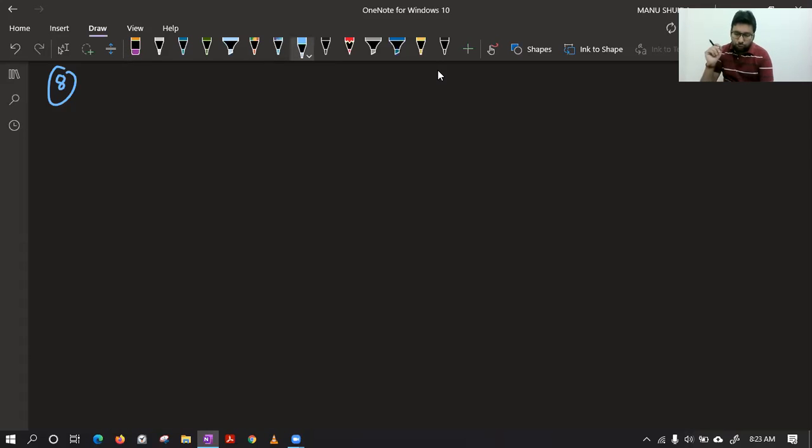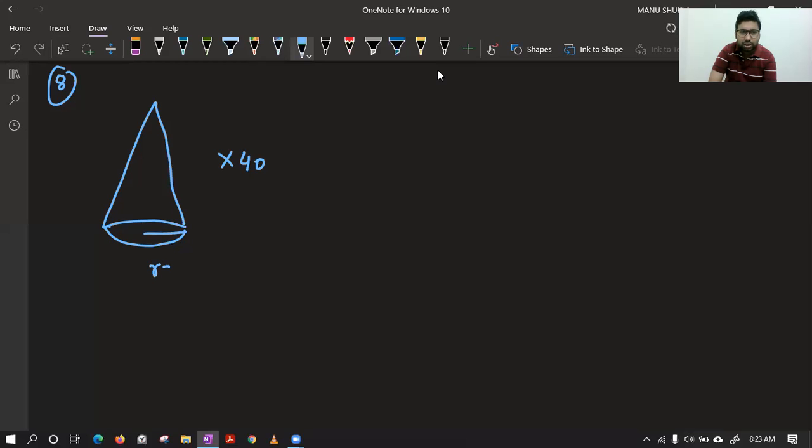Okay, so a bus stop is barricaded from the remaining part of the road by using 50 hollow cones made of recycled cardboard. Each cone has a base diameter of 40 centimeter. So radius is equal to how much? 20 centimeter.